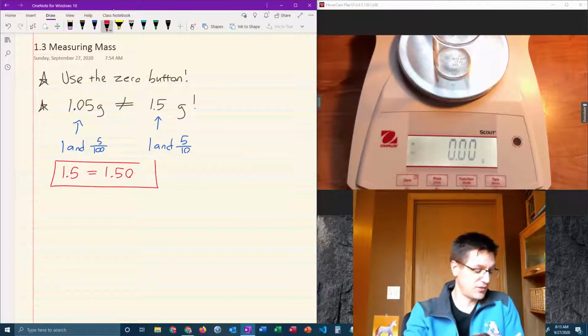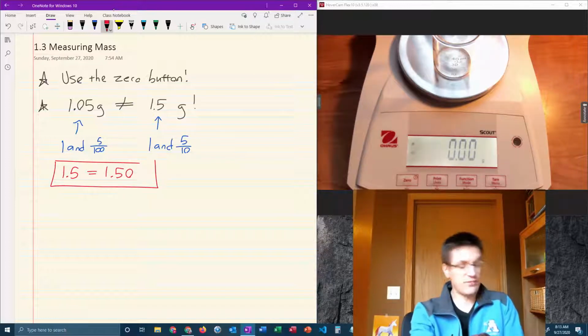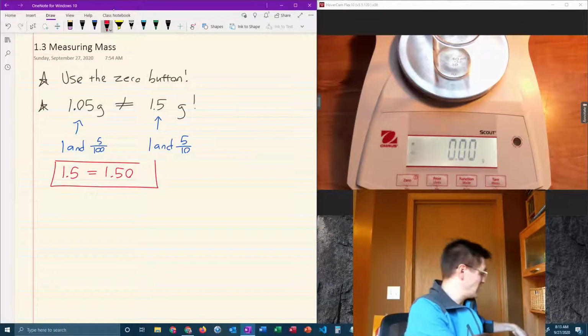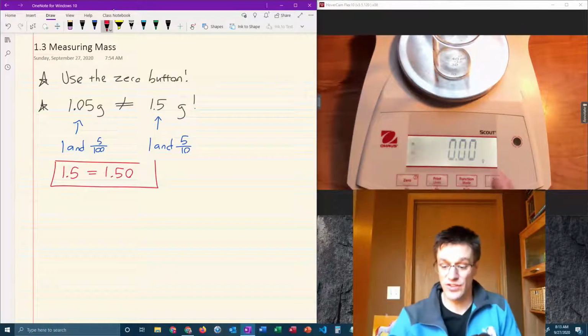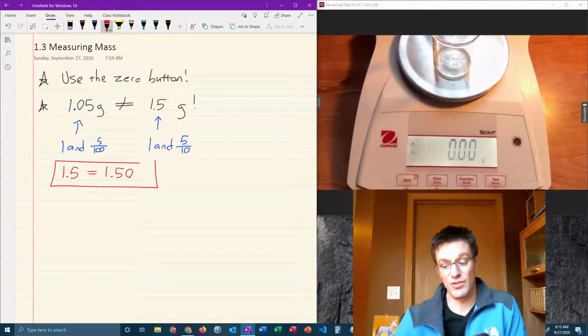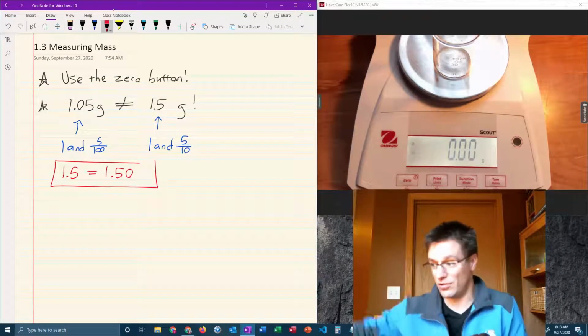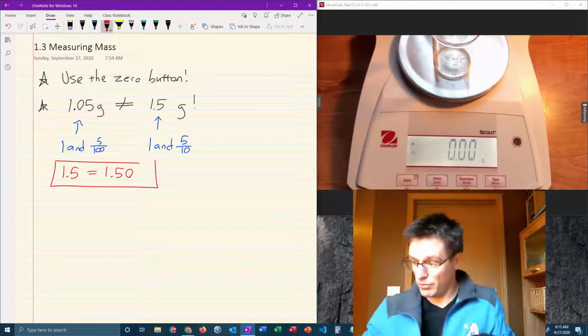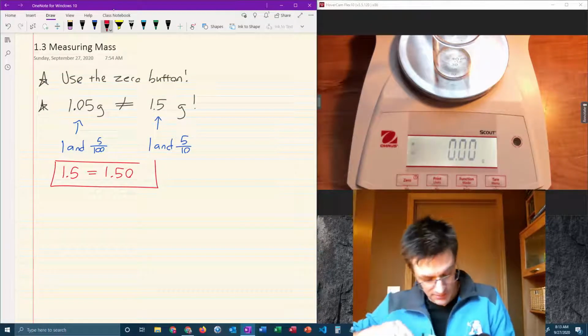Okay, and so not every number that you get from your teacher or that you need is going to include that 3rd decimal place. So if that 3rd decimal place isn't there, then you need to recognize that that's just a 0 placeholder. So let's go ahead and fill up this beaker with 1.5 grams of sodium bicarbonate.